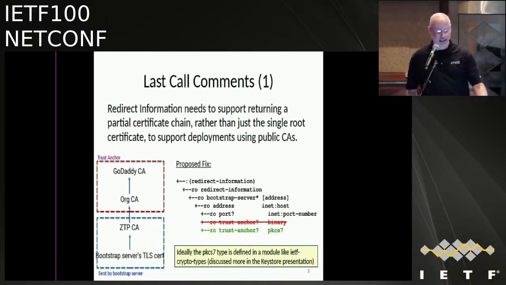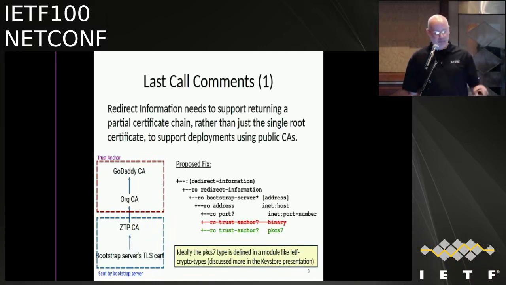And then, of course, the blue box below is what, when you're making the TLS connection to the Bootstrap server and doing the handshake, the TLS server would return. Therefore, the entire chain can be resolved and complete certificate path verification can be performed. Okay, so this is from the last call comment.